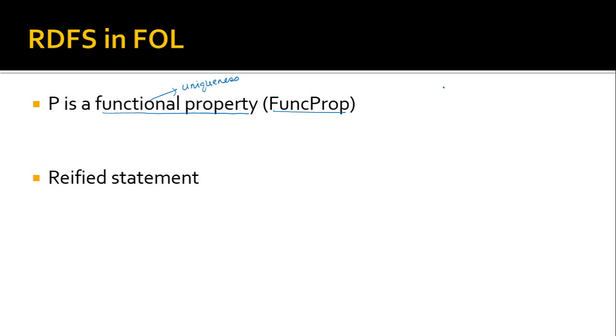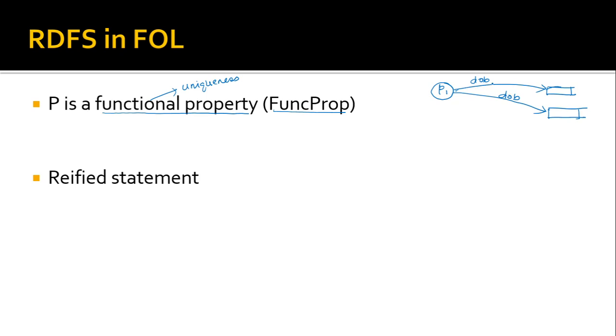Let's say you have a person P1, who is a resource, and say DOB, date of birth. So you have a date, right? Now let's say I have another DOB, this, right? This cannot be true. A person can have only one date of birth, right?